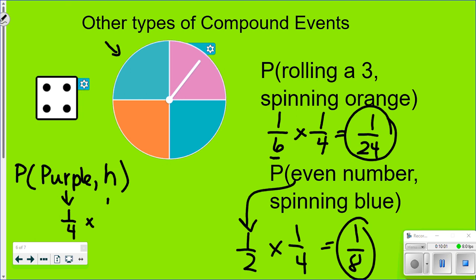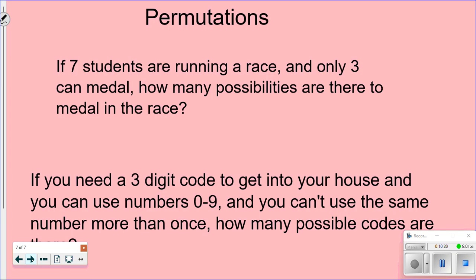My heads is 1 out of 2. Altogether, I have a 1 out of 8 chance of spinning a purple and flipping a heads on a quarter. So just doing them separately and then multiplying together is a way to easily do compound events if you have two totally different things.